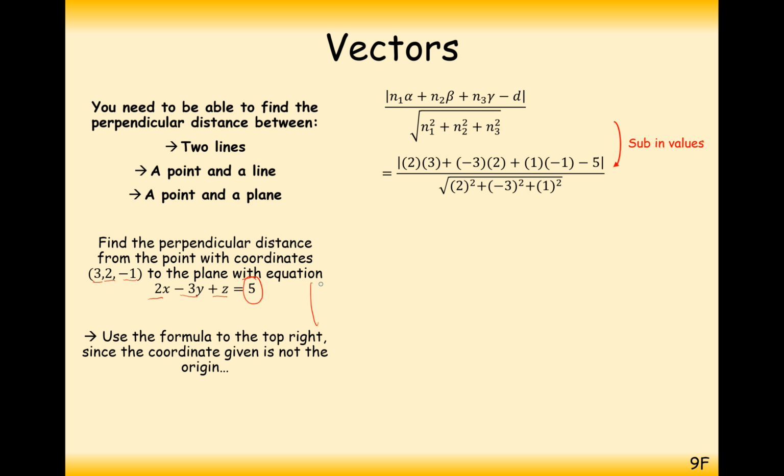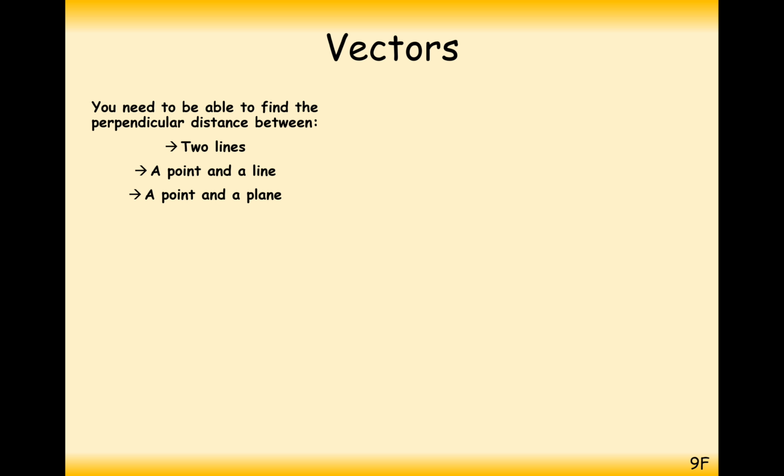In this case your n vector is 2, minus 3, 1. Just put it into your calculator and calculate. Your final answer here is 6 over the square root of 14. Okay, so it's just as simple as substituting into a formula.